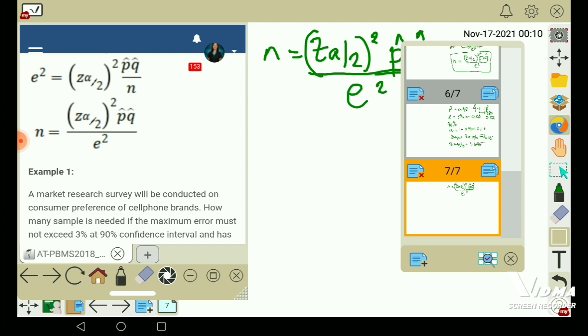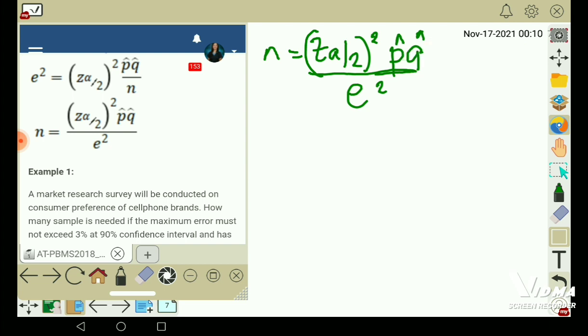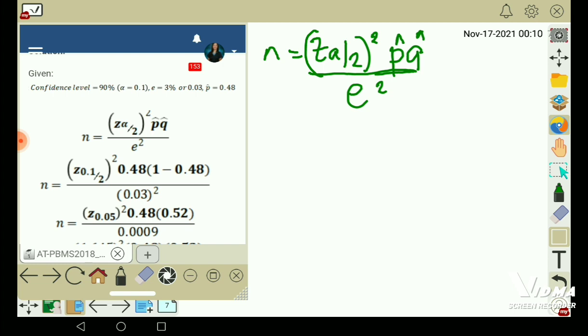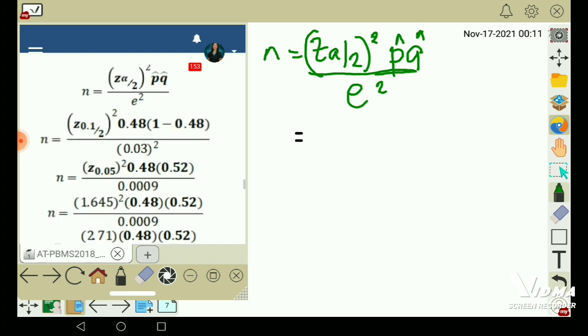So we already determined z sub alpha over 2, and as you can see here in our formula, again take note that your z sub alpha over 2 is given by z sub 0.05.